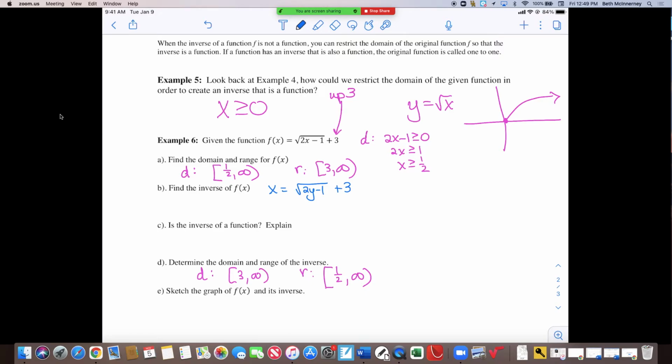So you switch x and y, and then we're going to solve for the new y. So what's my first step here? Subtract 3. So I get x minus 3 equals the square root of 2y minus 1.